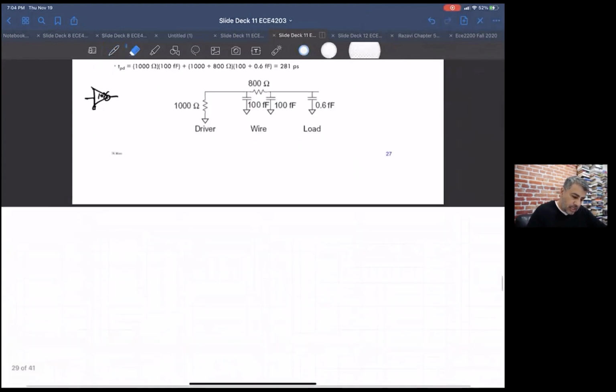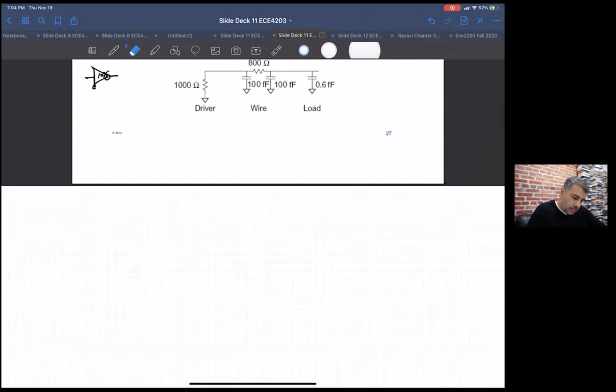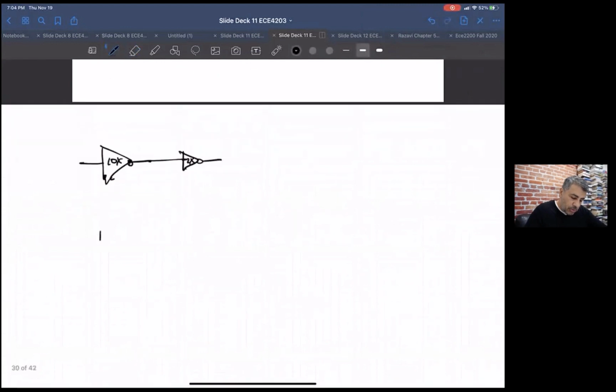When we were just looking at gates, if we had a 10x inverter driving a 2x inverter, we could replace the 10x with an R over 10 resistor, a switch, and the capacitor would be 10C.